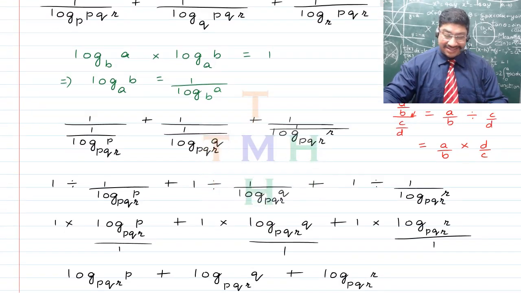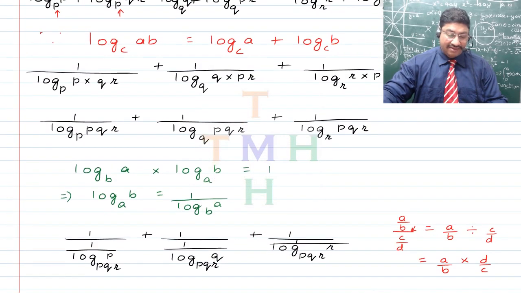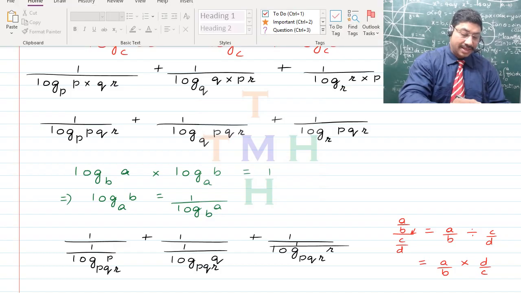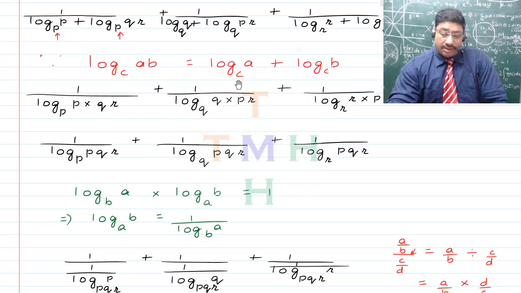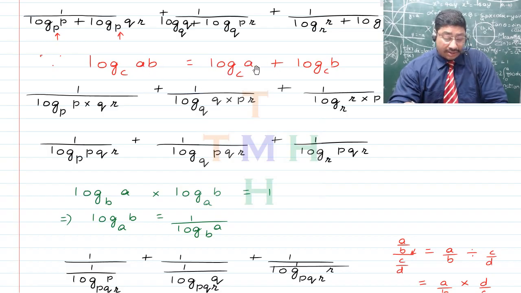Now children, we just looked up a rule: if we have the same base, like log to the base c of two different numbers, and between the logs of both numbers there is a plus sign, this is actually log of a into b, that is, log of the product of the two numbers to the same base.